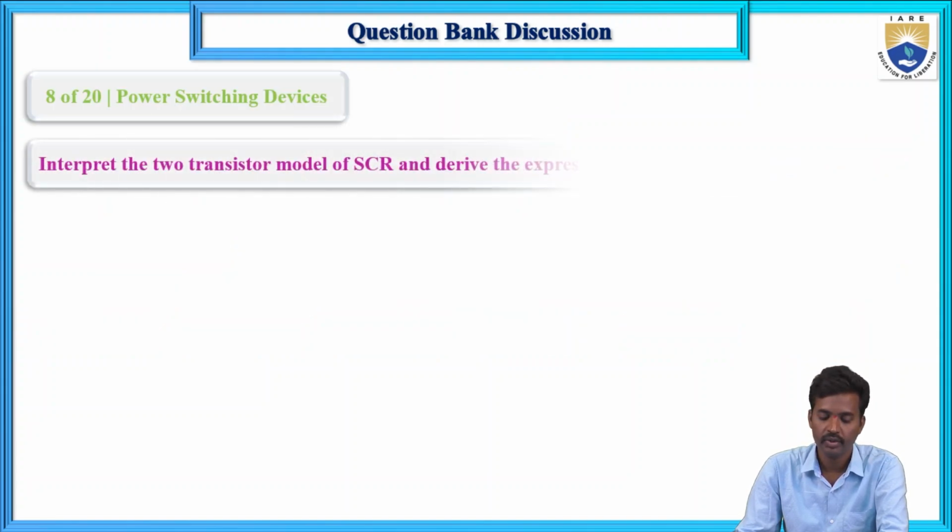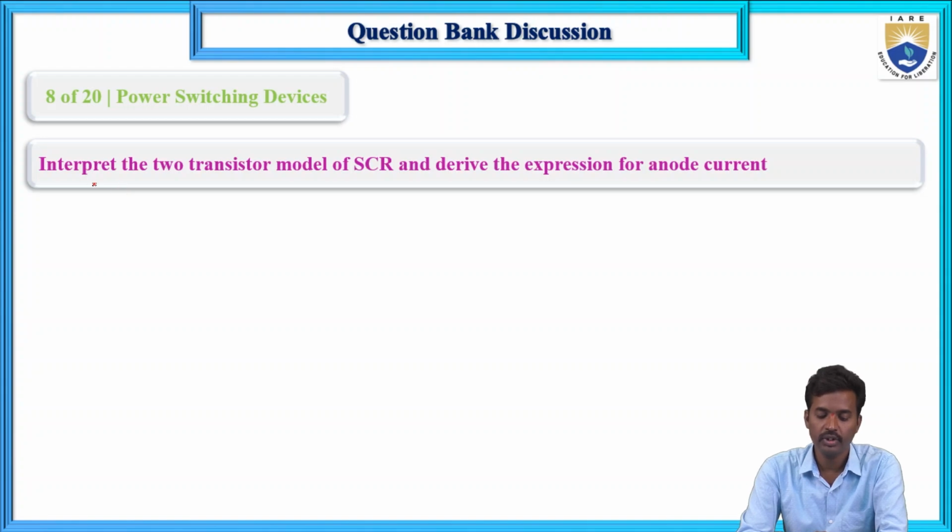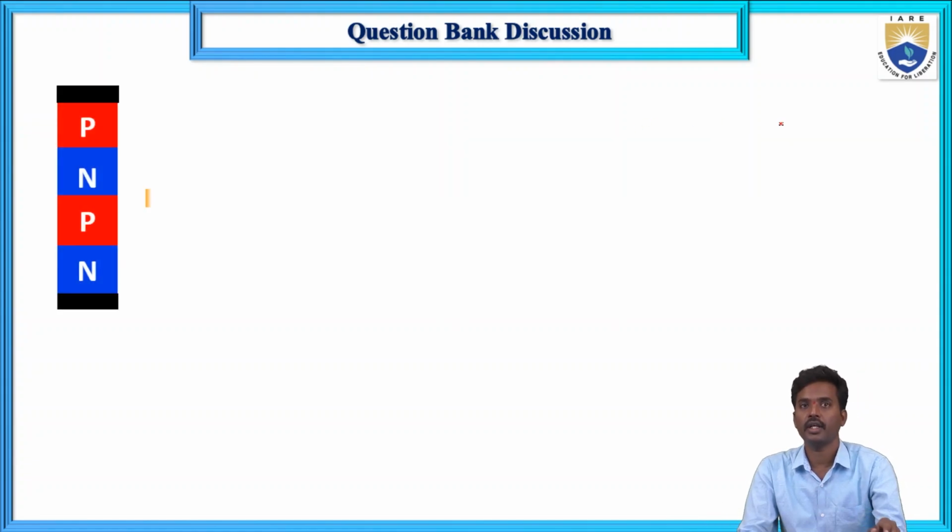Now, interpret the two thyristor model of SCR and derive the expression for anode current. This is the diagram.